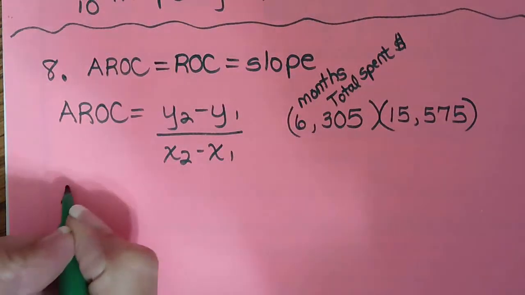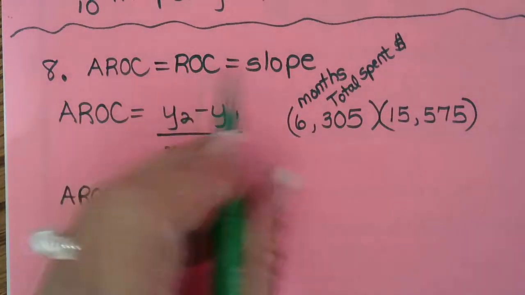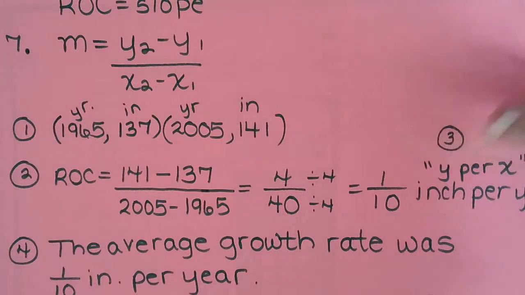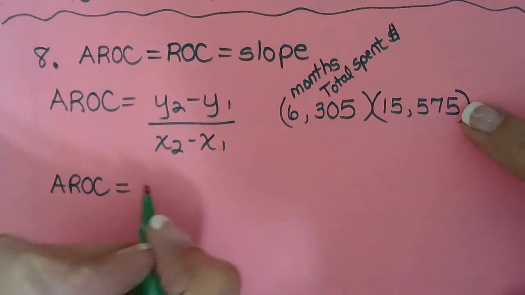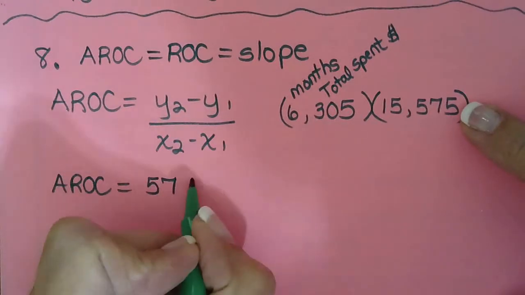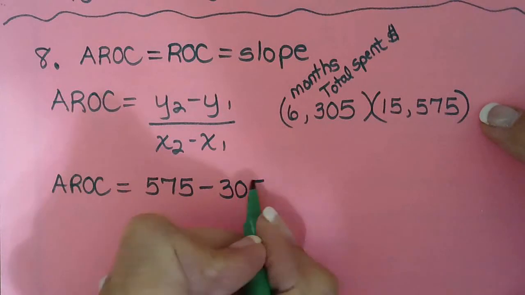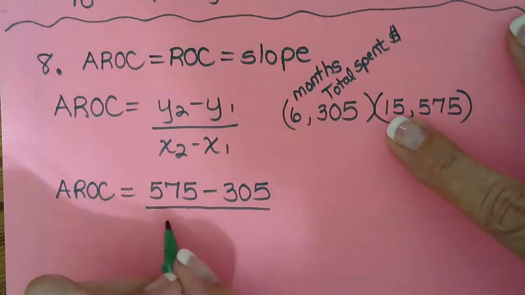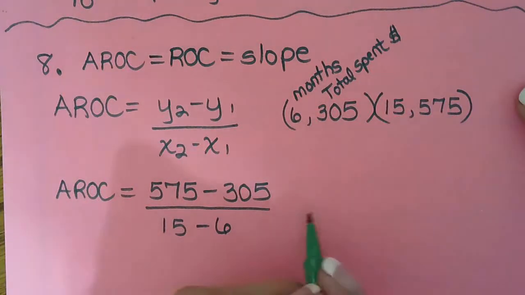So AROC, or average rate of change, or rate of change, or slope, whatever you want to call it. I'm just using the words from the problem. This problem asked us for average rate of change, so that's why I'm using that. So second y, 575, minus my first y, 305, over my second x, 15, minus my first x, 6.